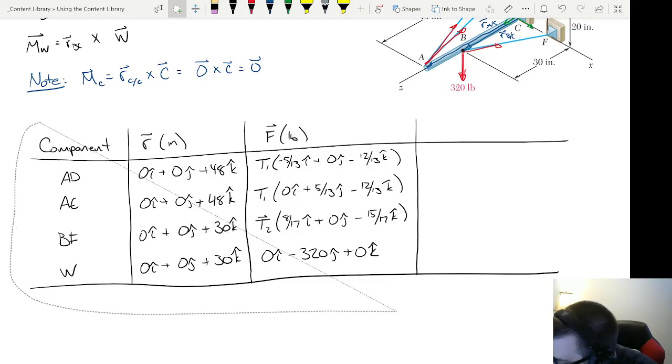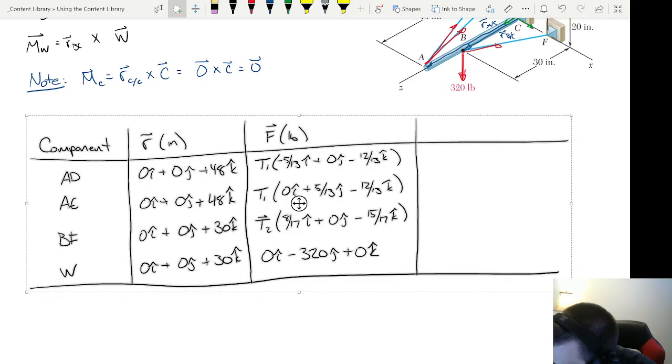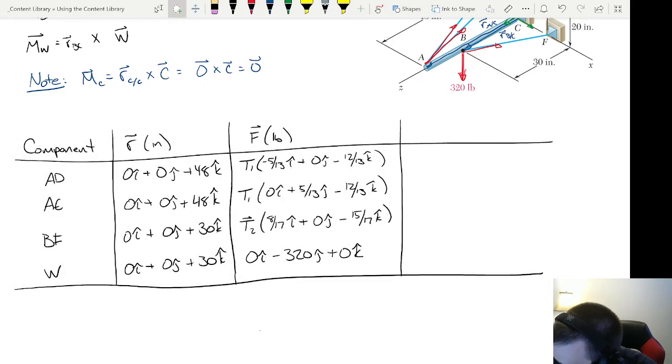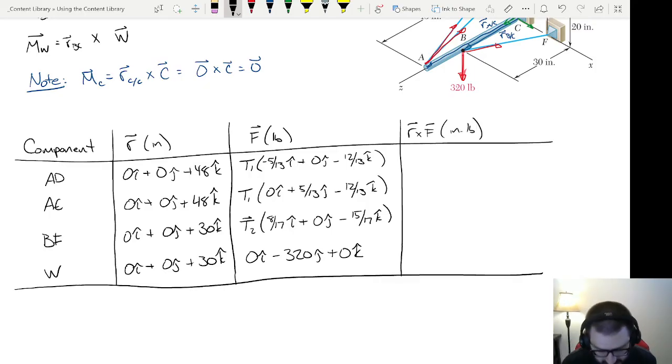Now I am going to move this over and make sure that this is clear how this goes. R cross F in inch pounds. Now, if you're computing this cross product, remember you've got these magnitudes out the side, so don't forget that. Let me set one up off to the side.